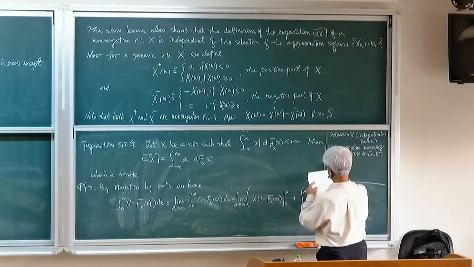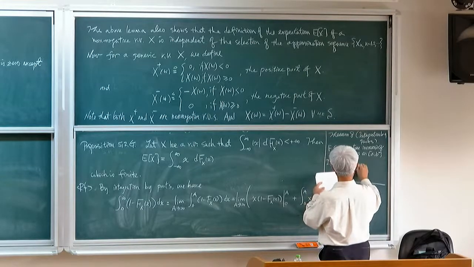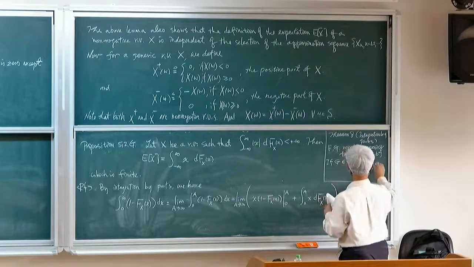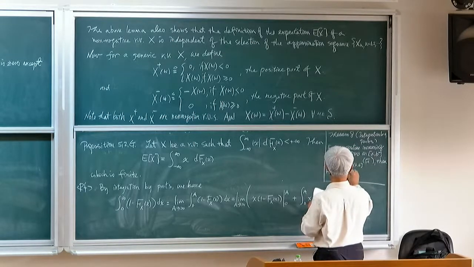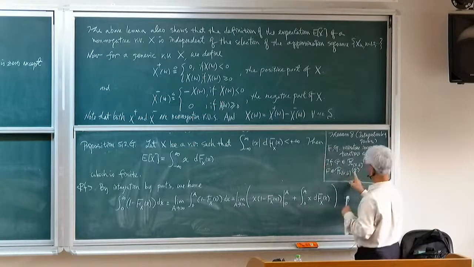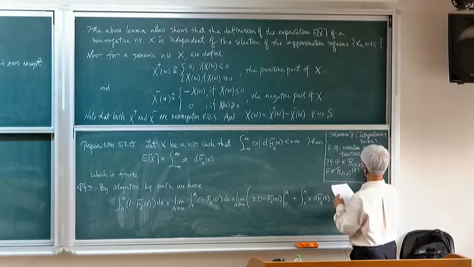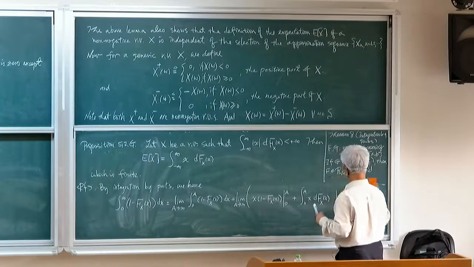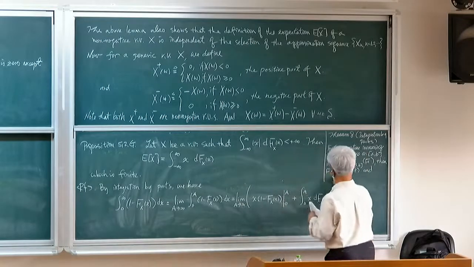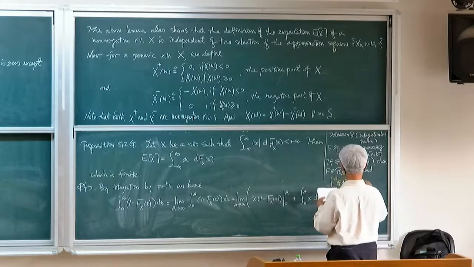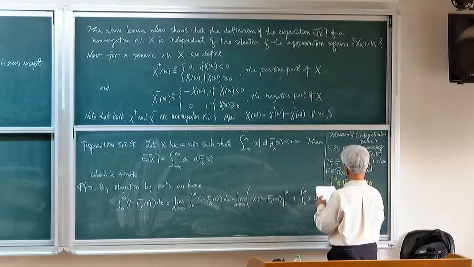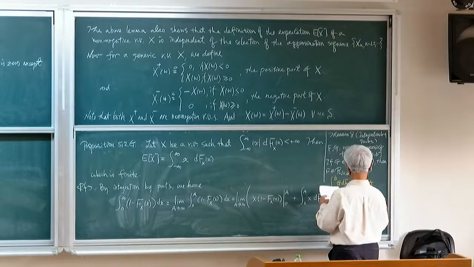Then if G belongs to R[a,b] relative to F, we know F belongs to the Riemann-Stieltjes integrable functions over [a,b] relative to G, and we have the important identity: the integral of G dF plus the integral of F dG is equal to F(b)G(b) minus F(a)G(a).